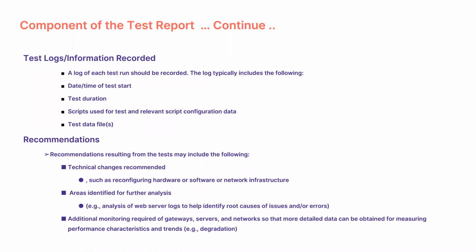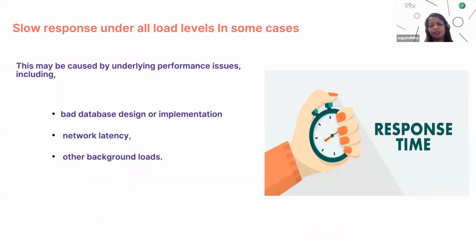In the next slide, I'm going to talk about typical performance test issues that we could see when you practically do a performance test, and how we are going to identify these bottlenecks. The first case is slow response time under all load levels. Let's say you're performing a test on the application with one user, and even with one user you are getting bad performance, high response time, high CPU utilization.